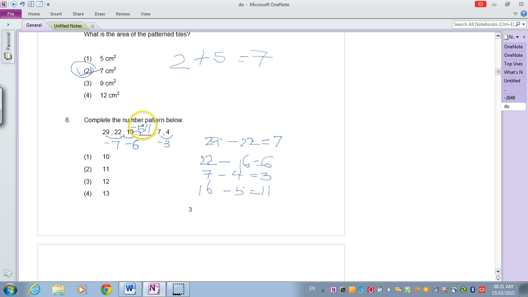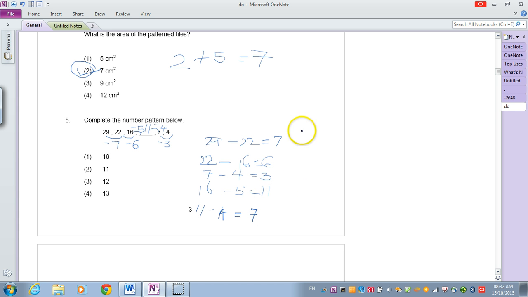Okay, if it is really the number, then 11 to 7 should be minus 4. So 11 minus 4 should give me 7 as well. So 11 minus 4. Okay? So 11 minus 4 does give me a 7.